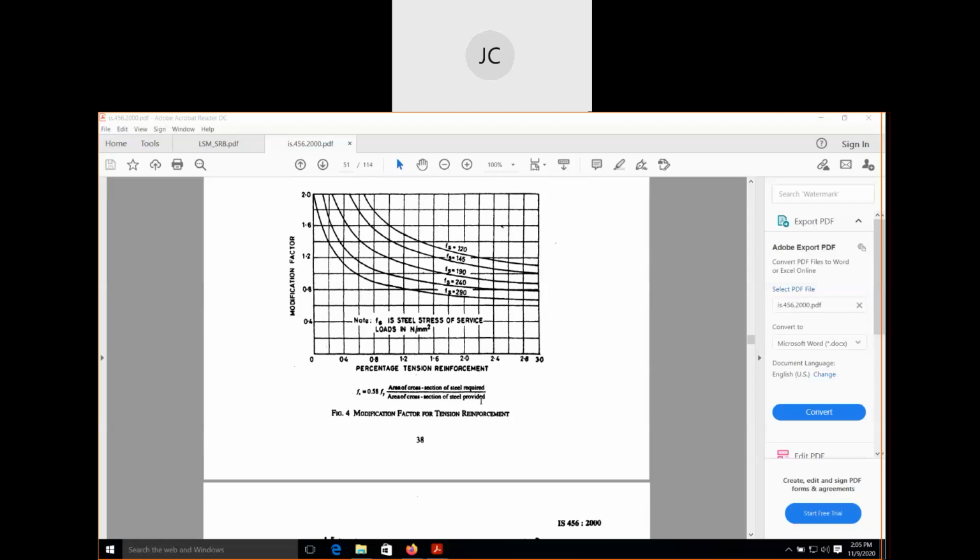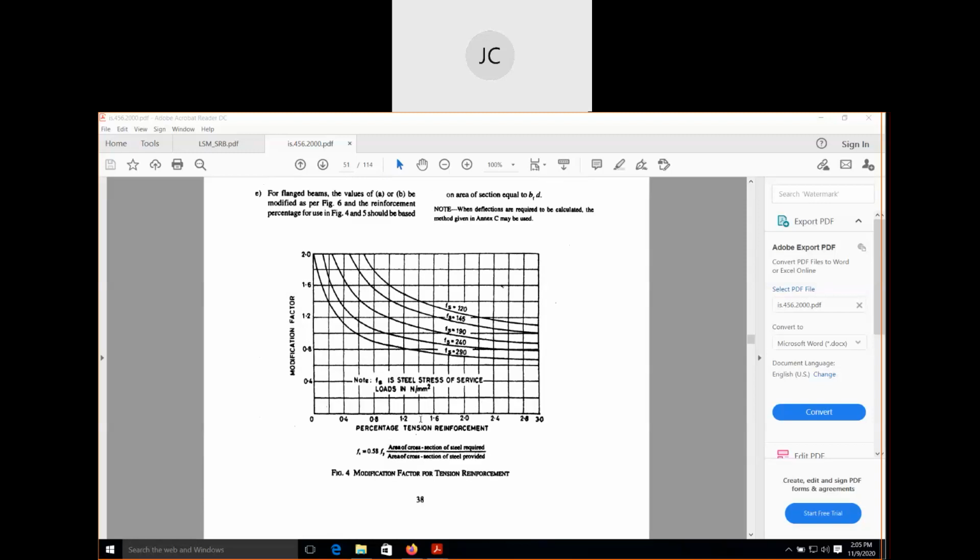So now, because we have to use this graph, we find out the value of stress in steel. 0.58 into Fy is 415.